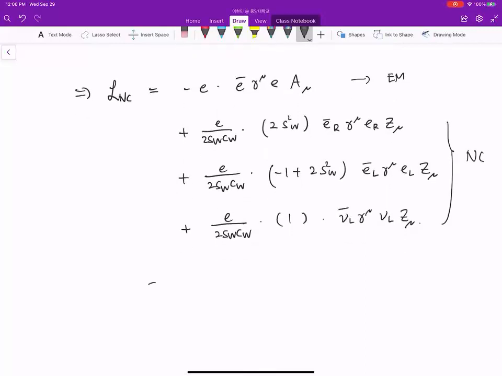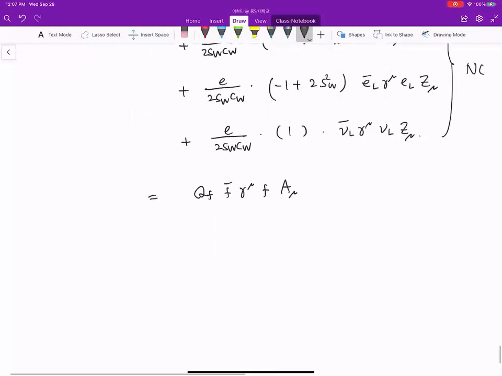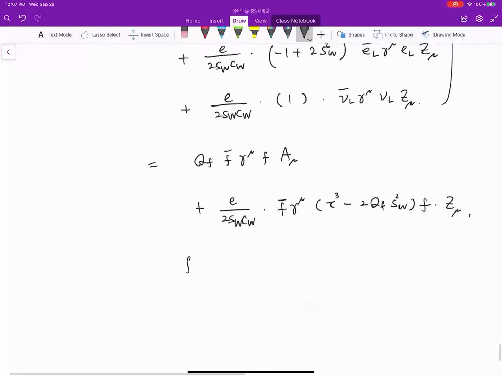Then you can write this in a more general form. So this F runs over the standard model fermions.